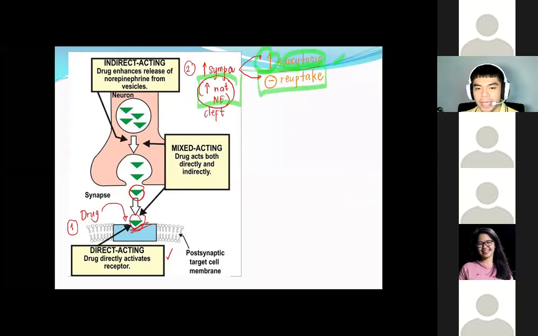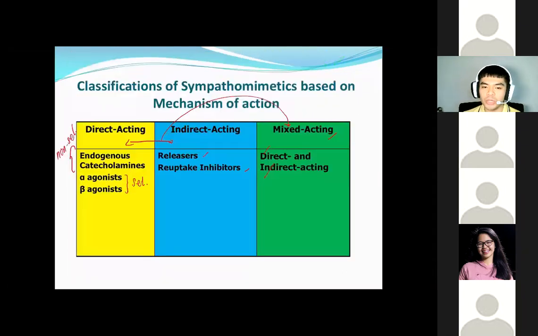By having this mechanism, do we achieve the objective of enhancing natural? Yes or no? Yes, okay. Kaya indirect acting, natural ang nagbabind.